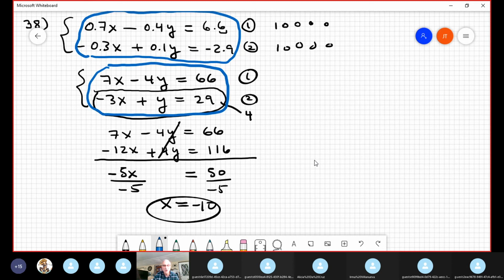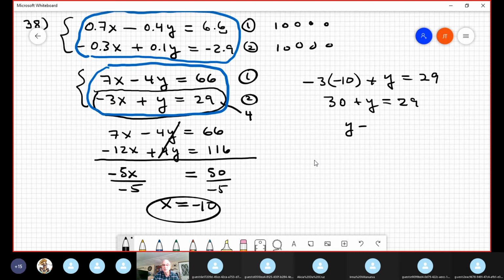What do you recommend using? Number 1 or number 2? Number 2. Absolutely. I copy minus 3 times negative 10, because I replace negative 10 here for x, plus y equal 29. Now this is 30, right? 30 plus y equal 29. Now y alone is 29 minus 30, which is negative 1. Okay, now the solution is negative 10 comma negative 1.